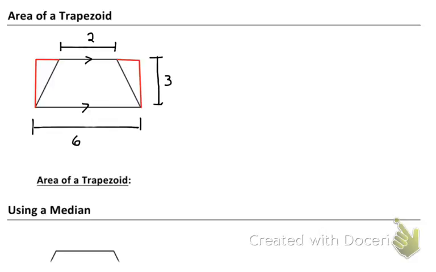The area of that would just be 6 times 3, or 3 times 6. But that's going to be too big. I have all this extra area here. If I bought that much concrete, I would have extra stuff.